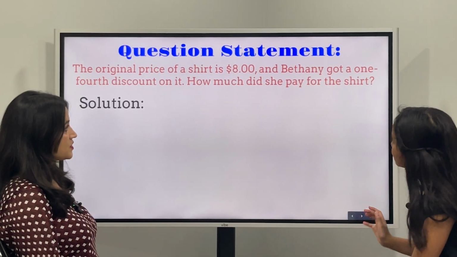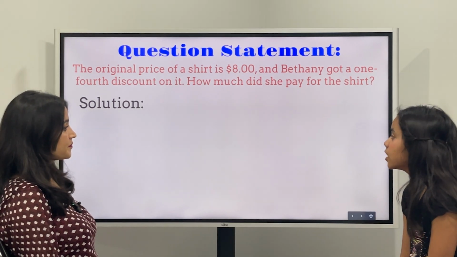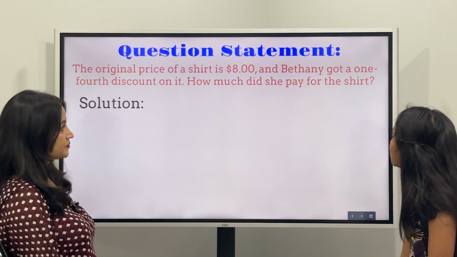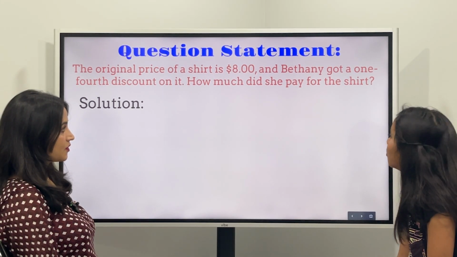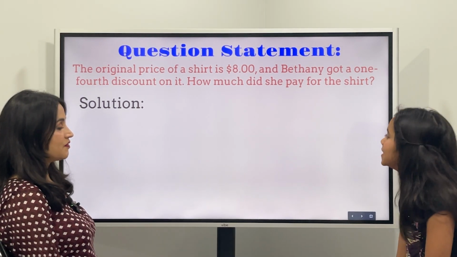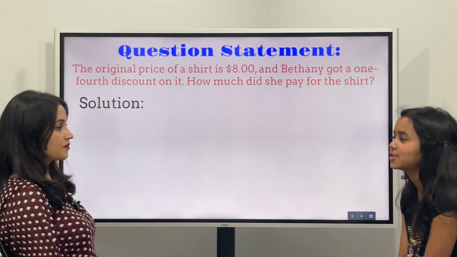Next, let's see another method. It's the same question but with a little twist. The original price of the shirt is $8, and Bethany got a 1/4 discount on it, in a fraction this time. How much did she pay for this shirt?